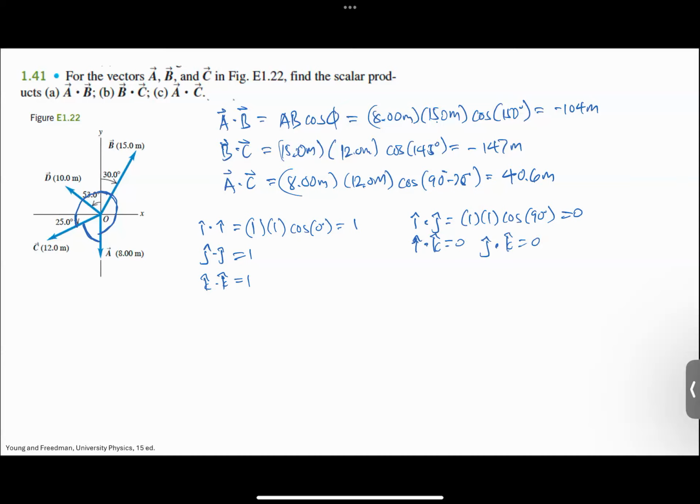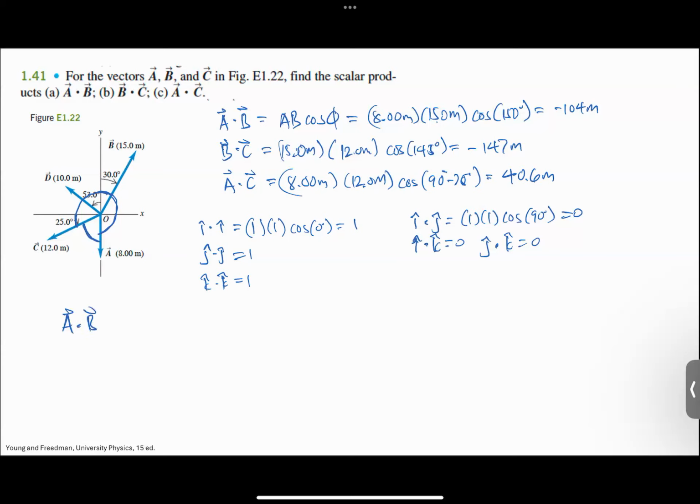Okay. So nabanggit ko lang din yan kasi pwede nyo rin gamitin yung component notation, unit vector notation, to solve for itong operation na ito, A dot B. So let's do A dot B for example.